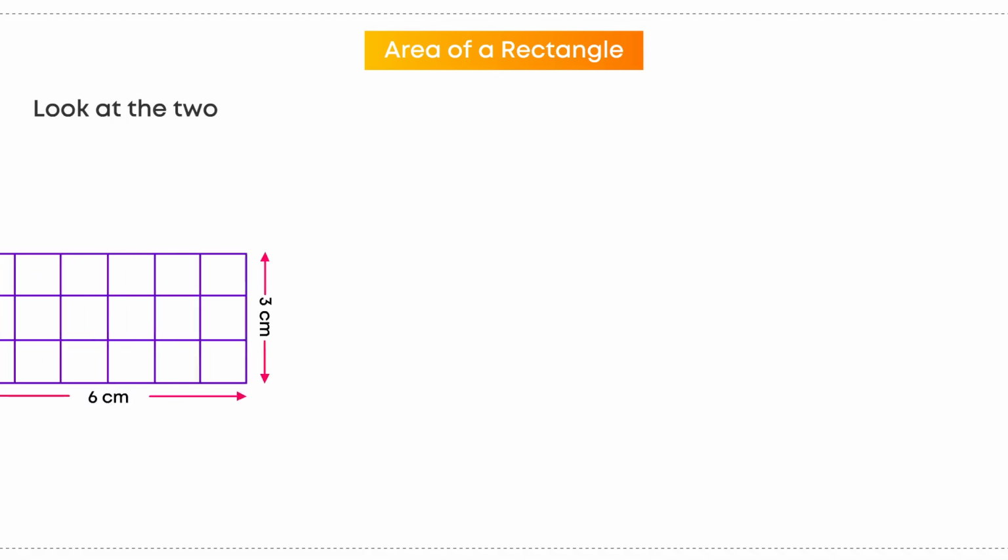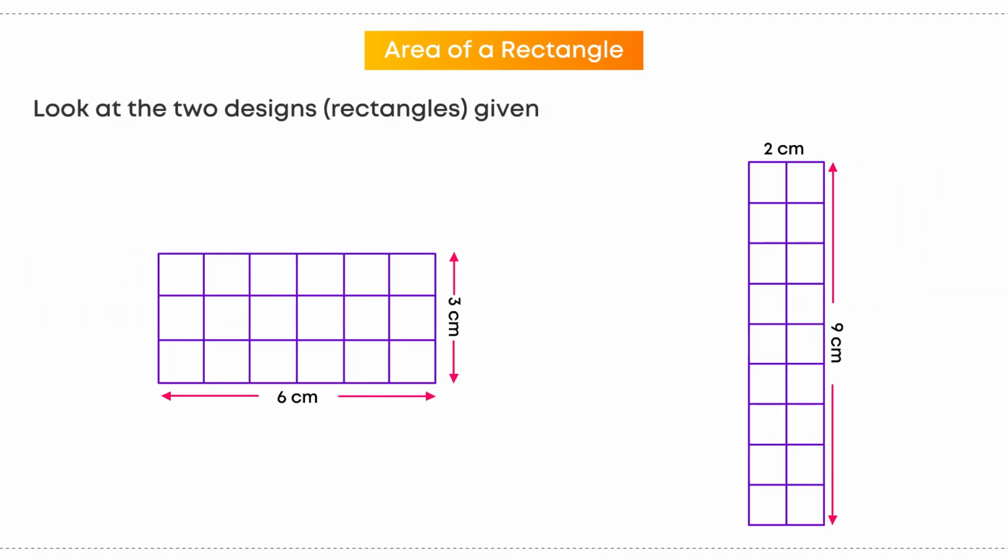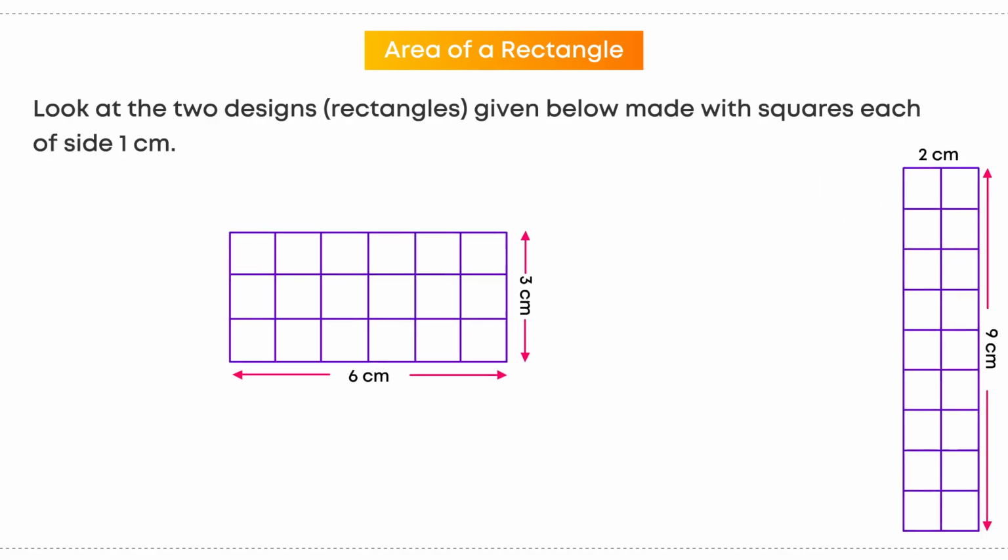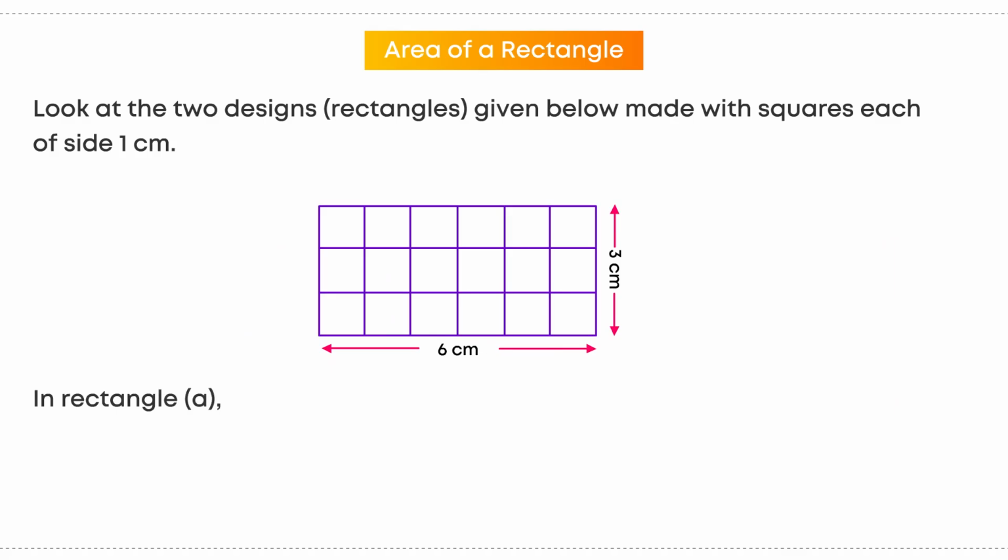Area of a rectangle. Look at the two designs, rectangles, given below, made with squares each of side 1 centimeter. In rectangle A, length is equal to 6 centimeters. Breadth is equal to 3 centimeters.